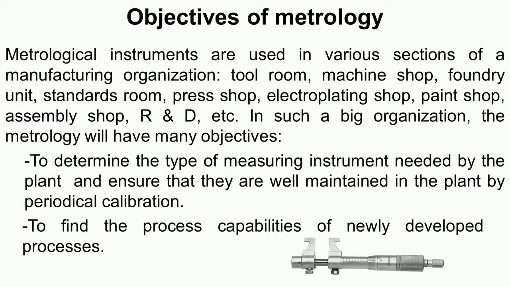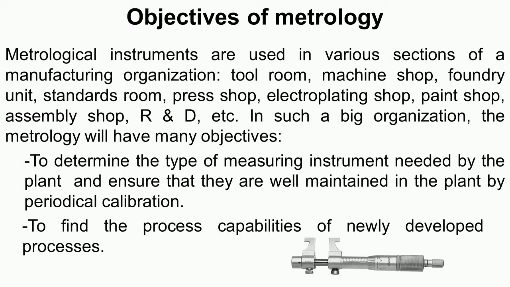At all places, metrological instruments are used. In such a big organization, metrology will have many objectives. We will study some of the objectives. To determine the type of measuring instrument needed by the plant and to ensure that they are well maintained in the plant by periodical calibration.